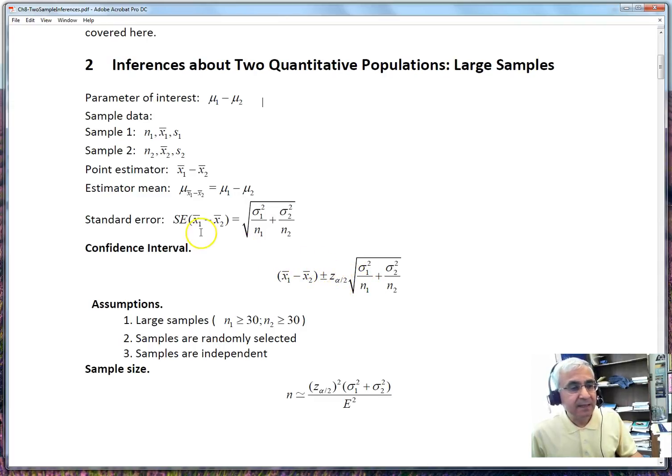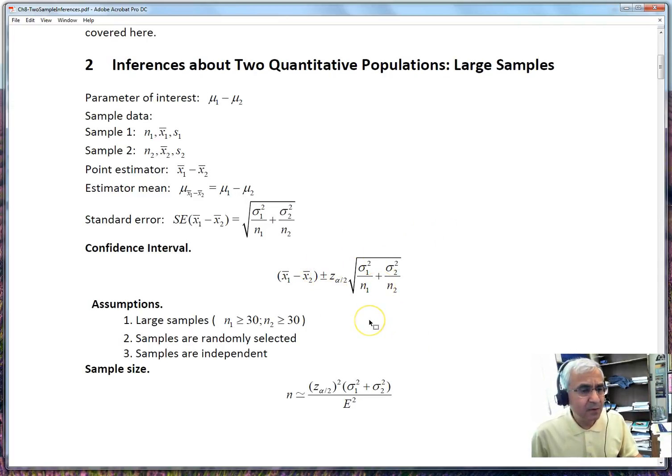And now we want the standard error of the point estimator, which is this quantity here that goes there. And so we compute this first by subtracting this quantity and then by adding. So this quantity here, z alpha over 2 times the standard error, is our margin of error. So this is the point estimate plus or minus the margin of error.